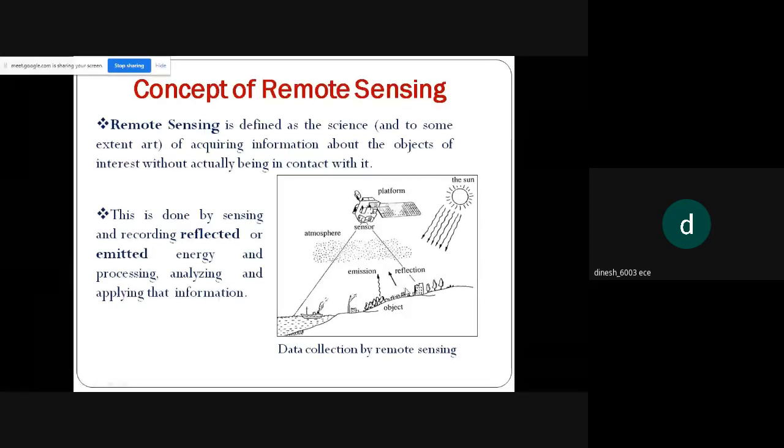The part that is reflected is sensed by the sensor on the aerial platforms, and this data which is acquired is given for processing, analyzing, and applying in order to observe that particular area. So this is how remote sensing works.